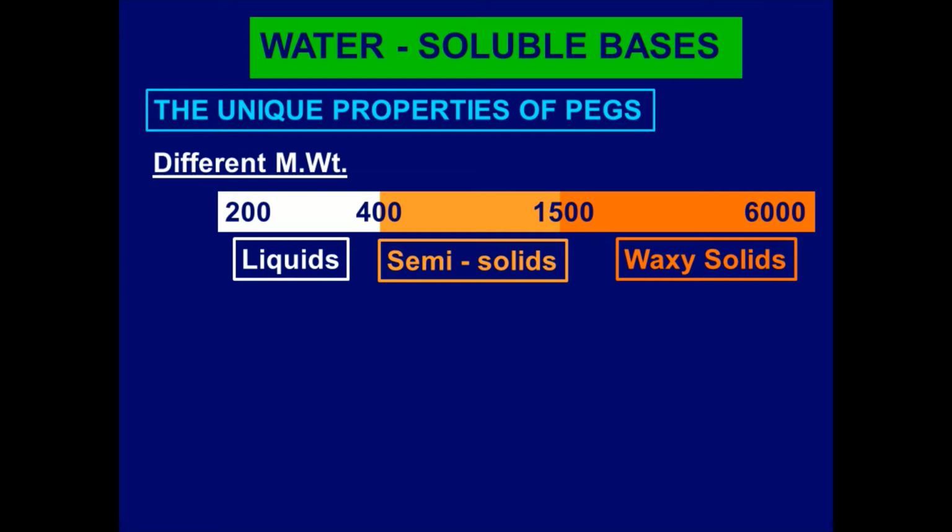So you can use a blend of these PEGs to control the viscosity of the base, as we said before for the petrolatum base. The different molecular weights of polyethylene glycol give us the ability to control viscosity.